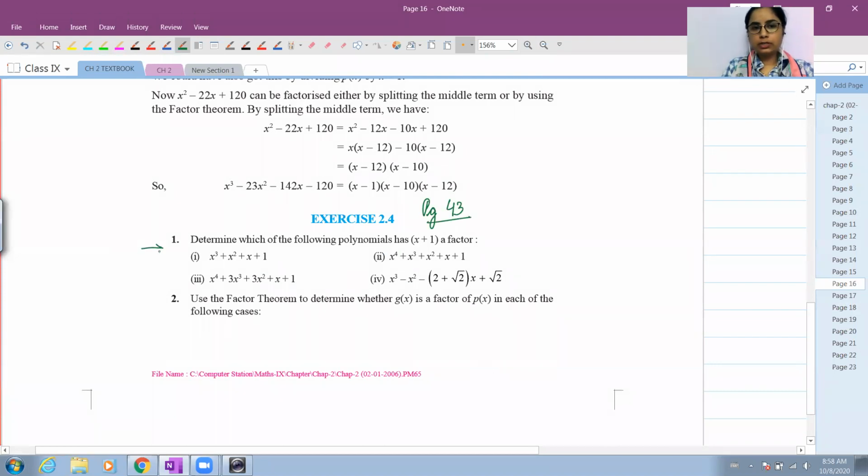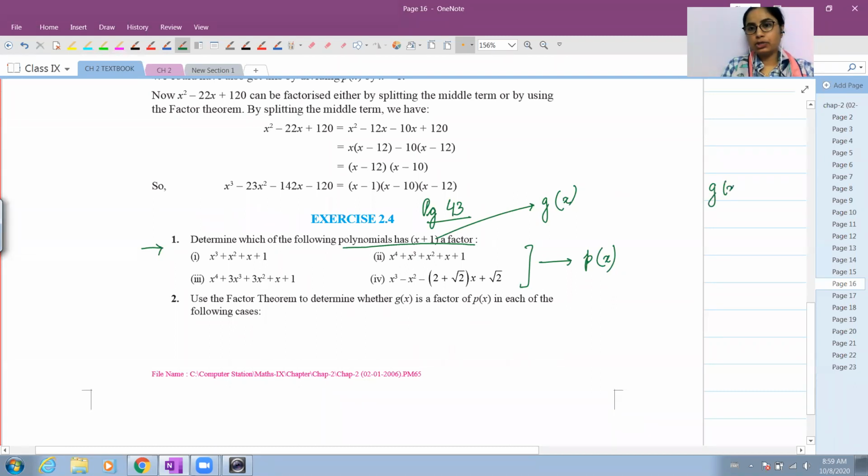So first question is, determine which of the following polynomials has x plus 1 a factor. So the polynomials given to you in the parts will be represented by px. Those are your dividends. And the polynomial which you want to check is a factor or not will be taken as gx. And I think after this, you know what you want to do.